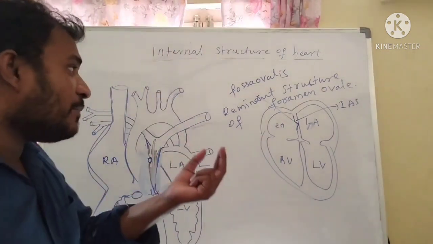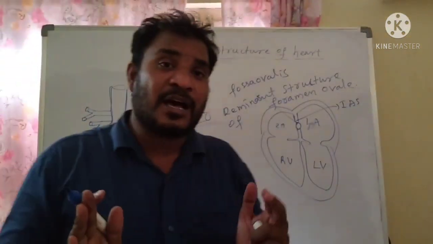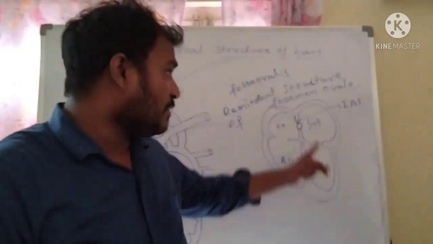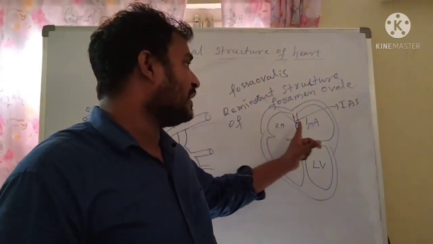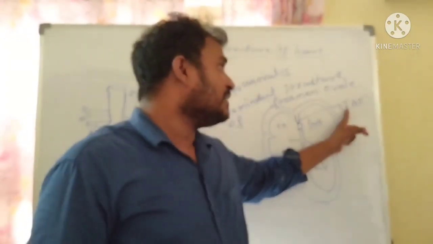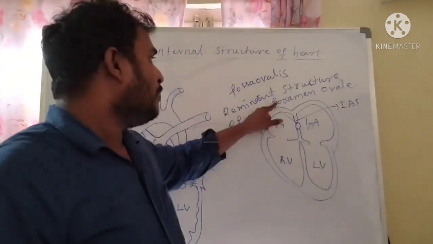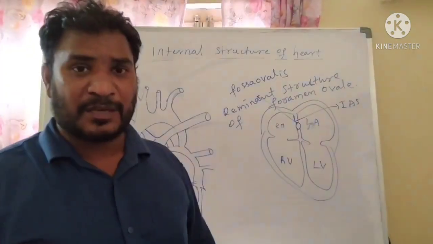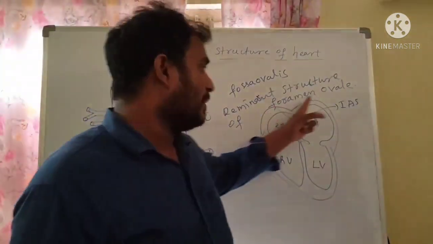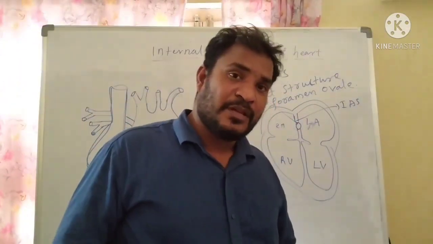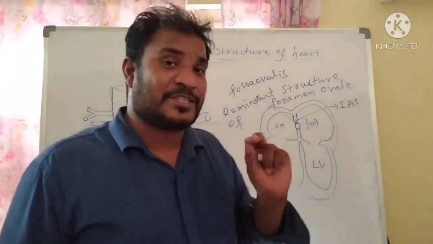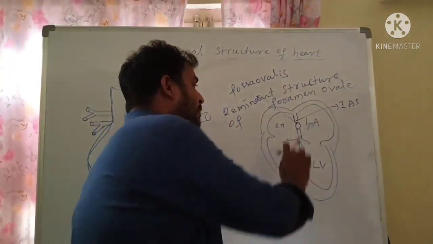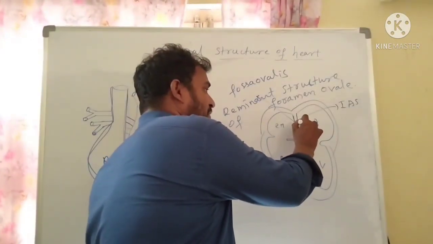What is the foramen ovale? When the lungs are not functional during the embryonic condition, there is an opening between the right auricle and left auricle on the interauricular septum, called the foramen ovale. But when the baby is born from the mother's womb, this foramen ovale closes and remains as a depression-like structure called the fossa ovalis.